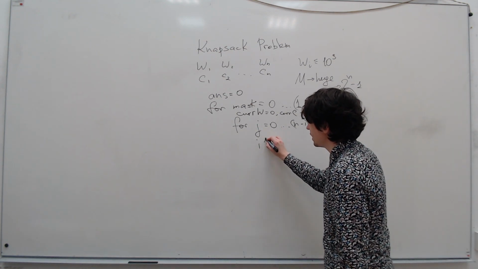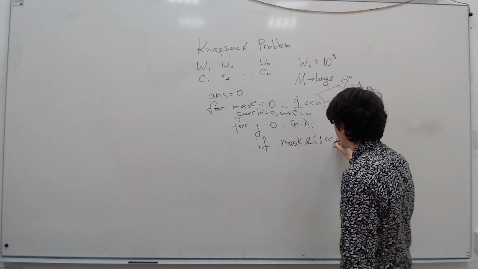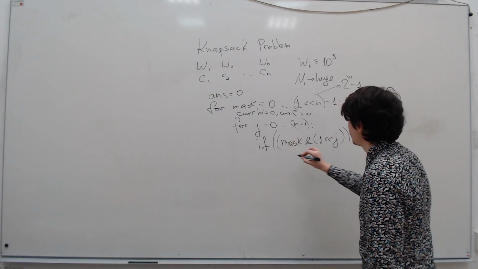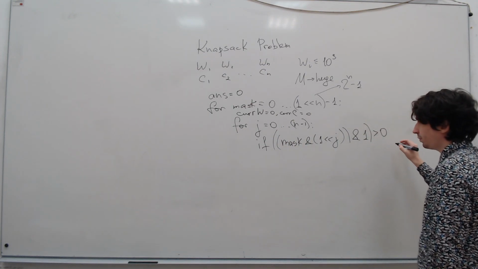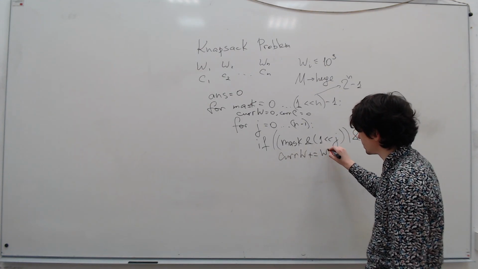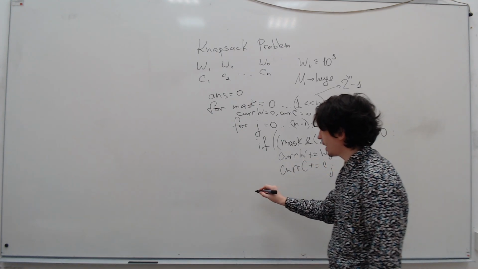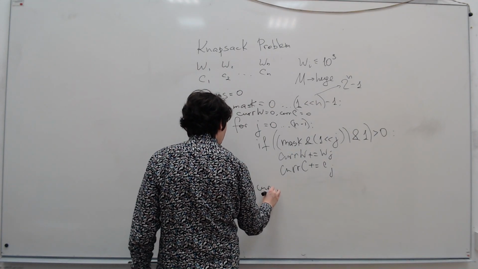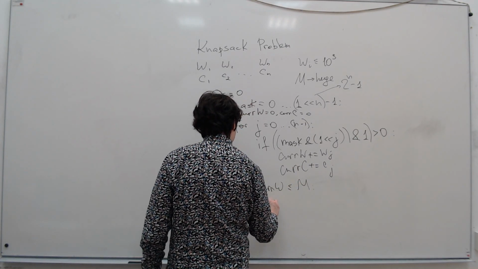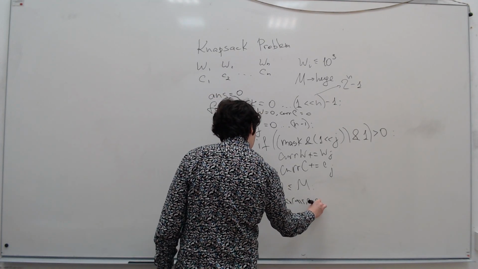For that, you take if mask and (1 shifted by j) is bigger than 0, then W plus equals W_j, C plus equals C_j. And finally, if W is less than or equal to M, we take answer as max of answer and C.